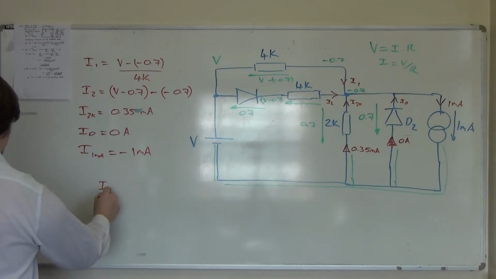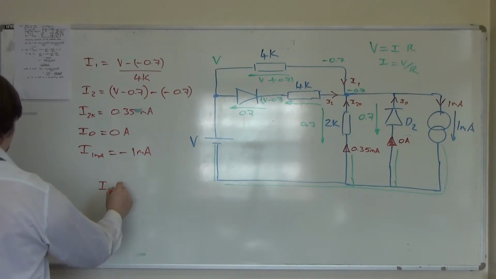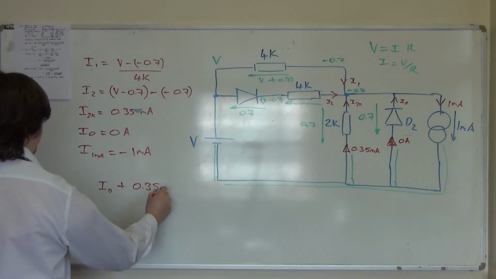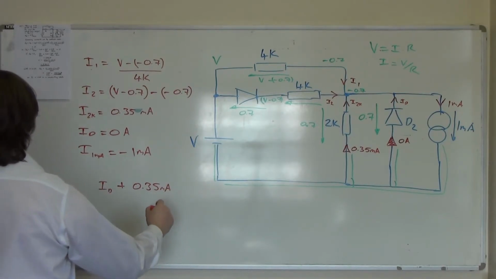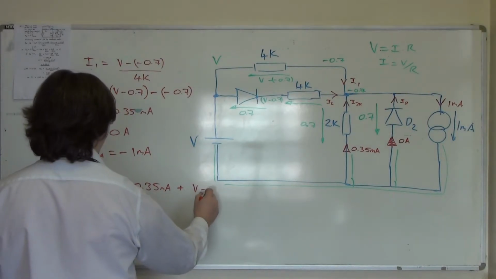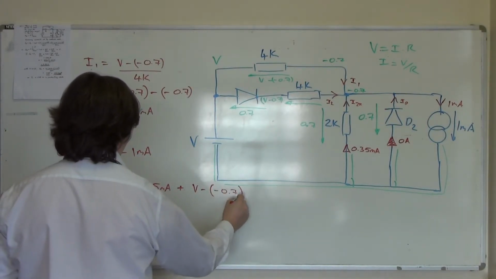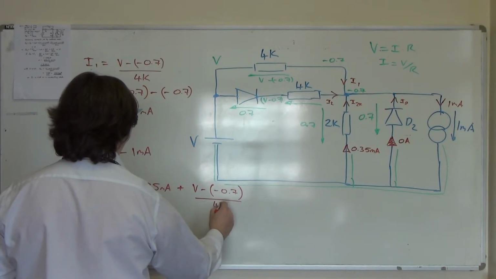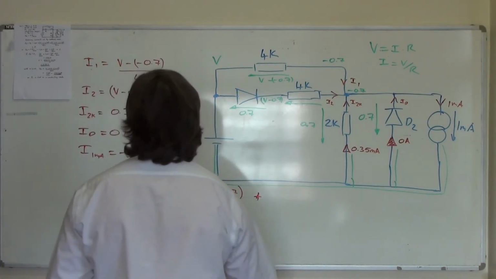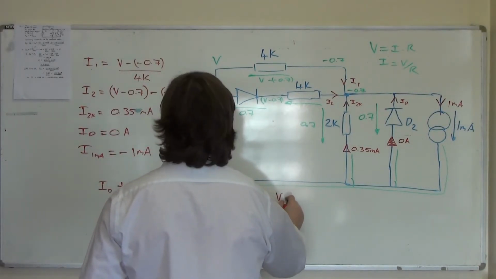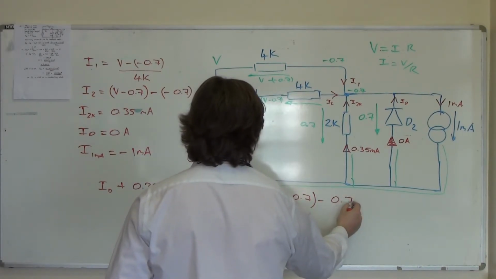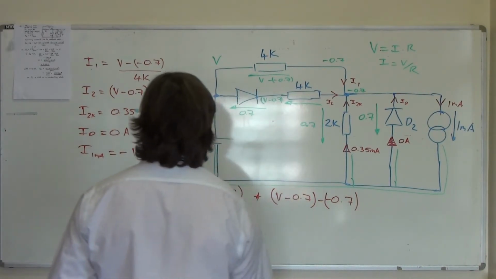I'll leave ID in because it's 0, plus 0.35 milliamps, plus (V minus 0.7) divided by 4K, plus (V minus 0.7) minus 0.7, sorry, also in brackets.